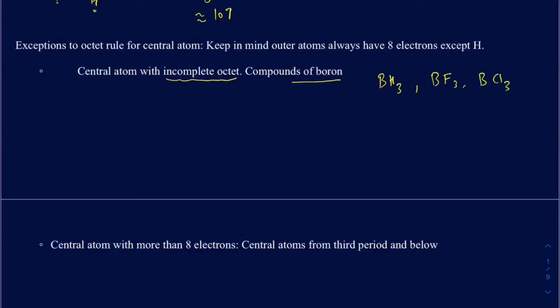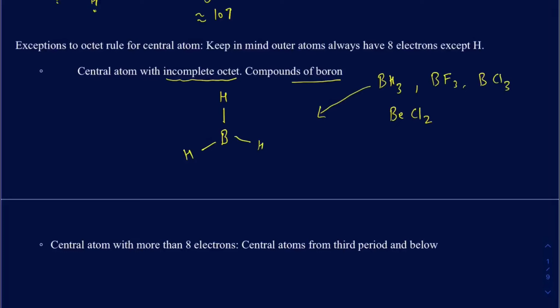Those are some of the compounds of boron, and even the compounds of beryllium sometimes are also considered to have an incomplete octet. Now, when I focus on this boron, suppose I have this BH3, and I go ahead and draw out the Lewis dot structure of this compound. So this is how it's going to look. Clearly you can see the boron has only 6 electrons after the compound has been made here.